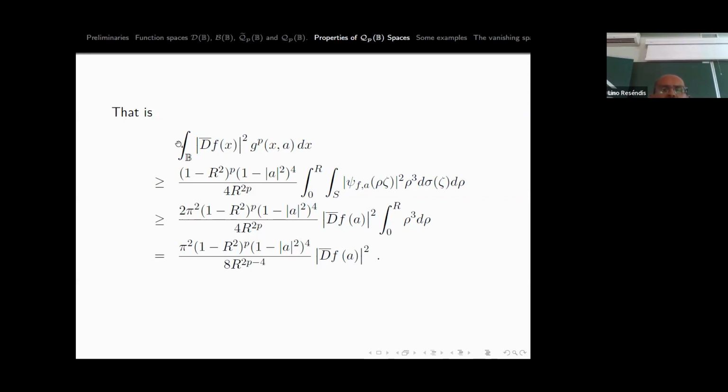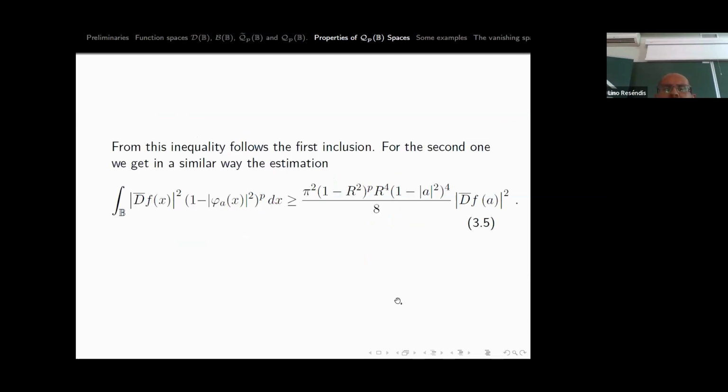Then if the function belongs to the Qp space, if we consider here the supremum, also we can write here the supremum, and if this is finite, then this is finite. Then for this reason, each function in the Qp space belongs to the Bloch space.